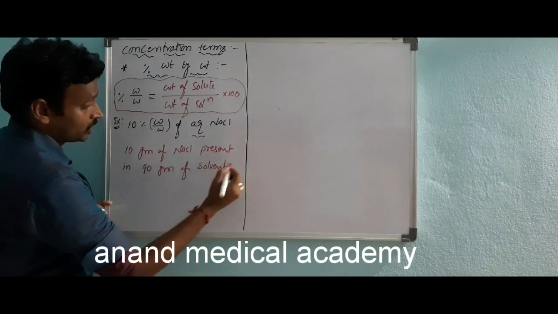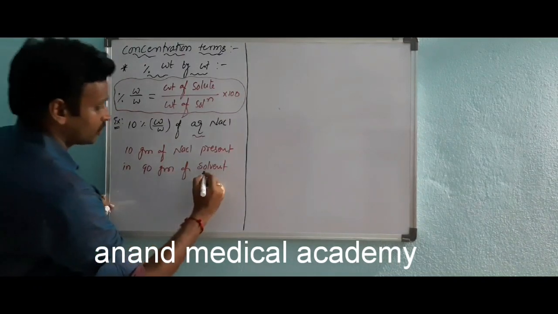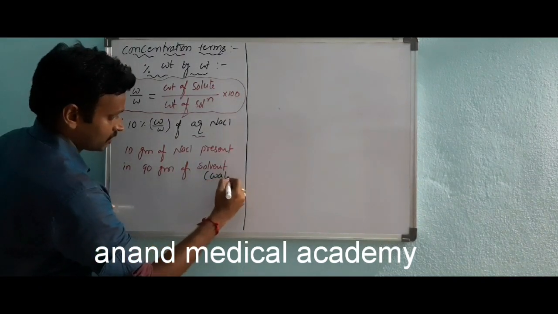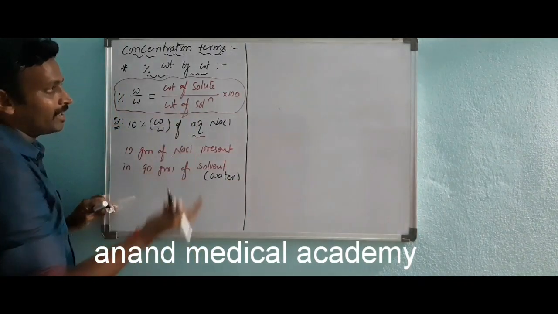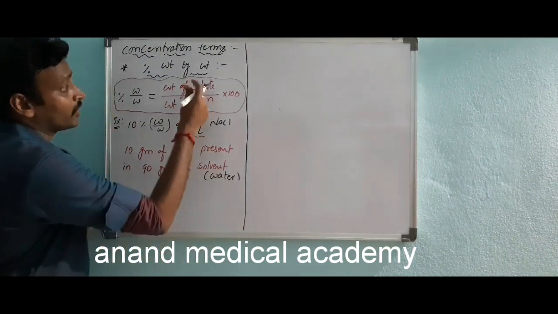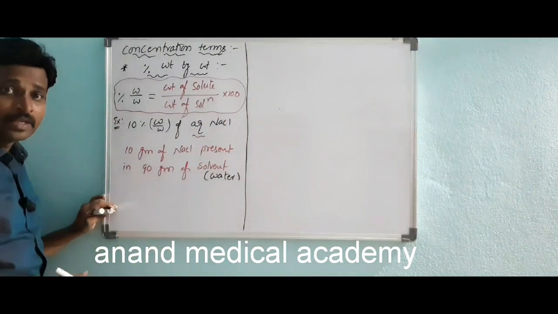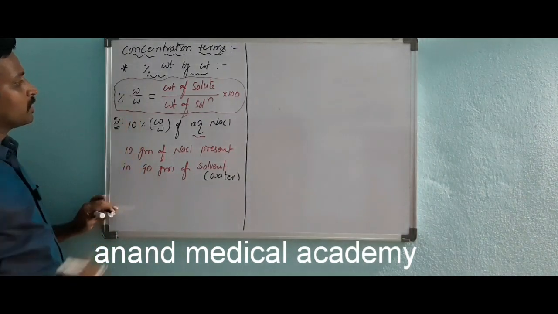Who is the solvent? The solvent is water, aqueous. Total 100. 10 by 100 into 100 is 10%. For 12%, 12 by 100 into 100, it's 12 grams of NaCl present. So this is percentage weight by weight.